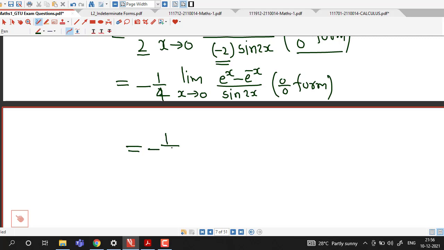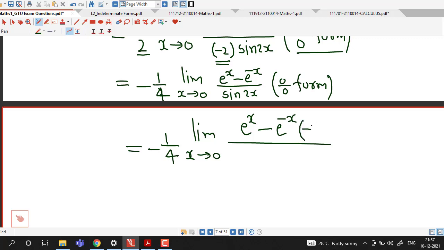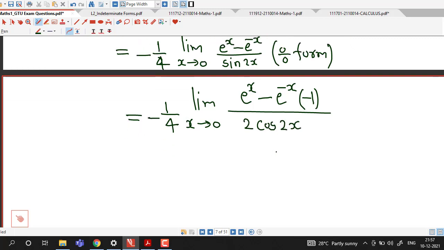Again we apply L'Hospital rule. Limit x tending to 0: the derivative of e^x is e^x, minus the derivative of e^(-x), which is e^(-x) times minus 1. The derivative of sin 2x is cos 2x into 2. So this is going to be minus 1 by 4. We can take this 1 by 2 outside, and we rewrite all these things.